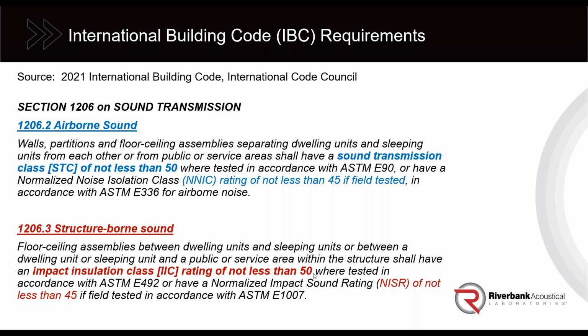In our experience, most of the time when there are really significant complaints, it's around this level or slightly lower. Oftentimes the worst case scenario is someone does a field test and they get NNIC 45 and they're not happy with it, but it passes the building code and that's that. So just a consideration for anyone that's designing buildings: try to shoot for higher than these.